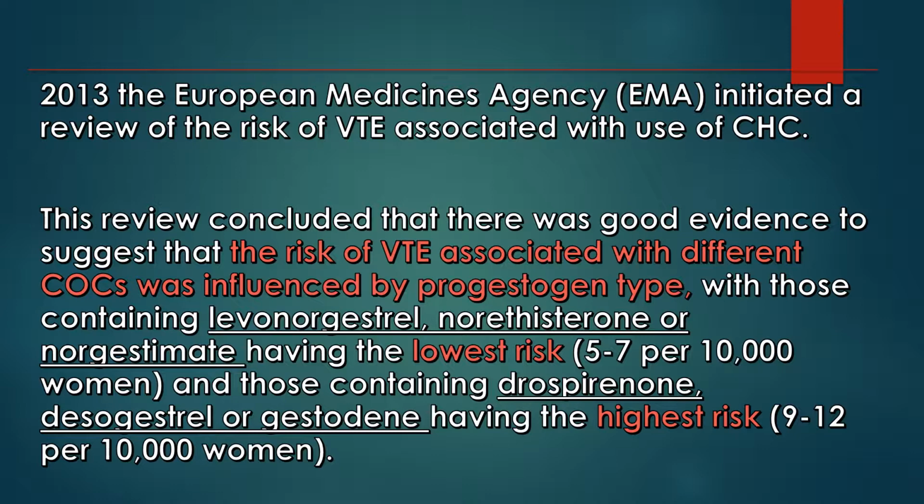This review concluded that there was good evidence to suggest that the risk of venous thromboembolism associated with different combined oral contraceptives was influenced by progestogen type, with those containing levonorgestrel, norethisterone, or norgestimate having the lowest risk of 5 to 7 per 10,000 women, and those containing drospirenone, desogestrel, or gestodene having the highest risk of 9 to 12 per 10,000 women.